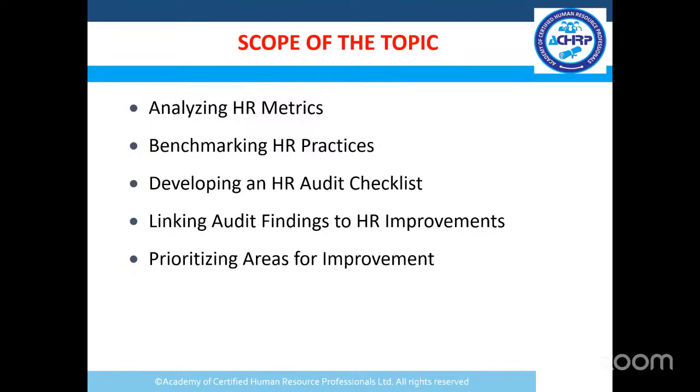The third area we shall discuss is how to develop an HR audit checklist. This checklist is a set of areas that we shall be doing auditing in. I can mention a few of them.